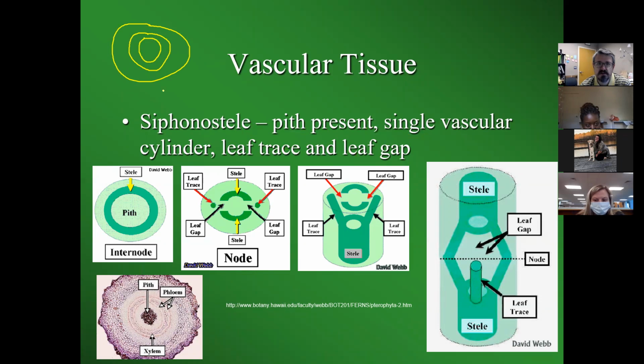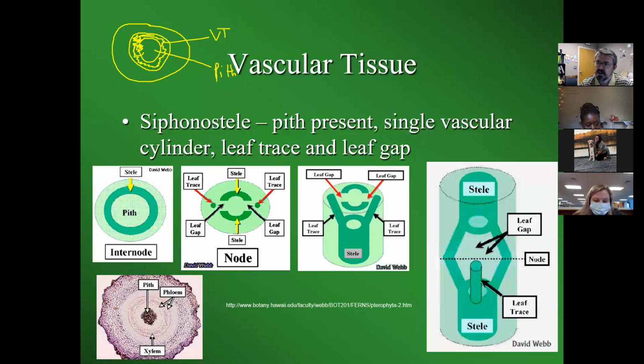So here's the outer part of your stem. It makes an O shape. And I, for the life of me, can't draw with a mouse. Okay, so this is vascular tissue. This is pith. Okay, and y'all can see that here in this left picture.